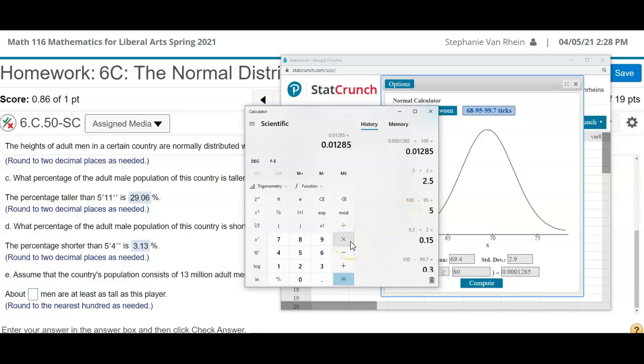When I multiply that by 13 million, what do I get? 167,000. So 167,000, 13 million. Oh, sorry, that's my problem.